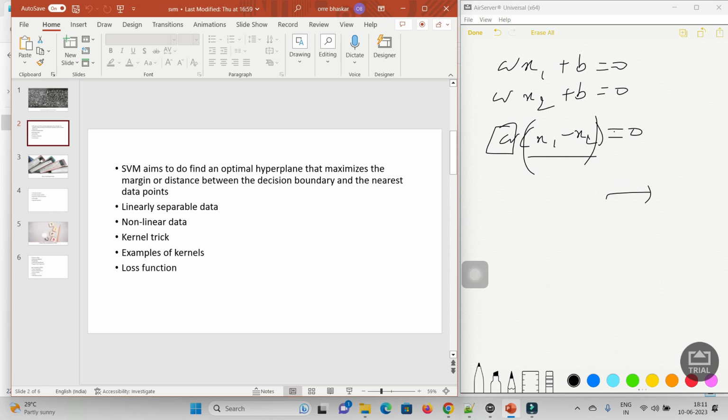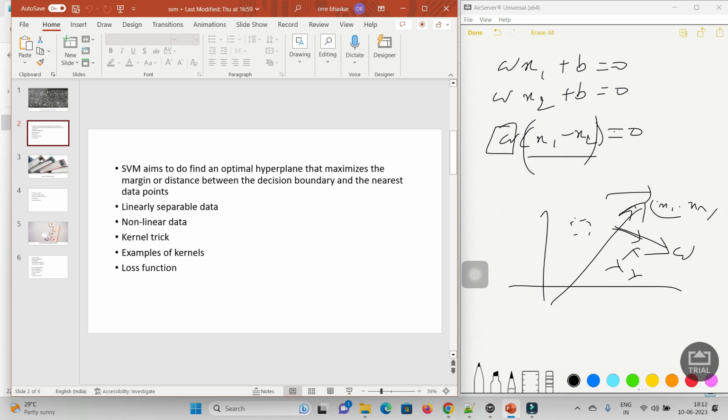So that means W and x1 minus x2 are perpendicular to each other. What is W? W is our weights. x1 minus x2 is nothing but a decision boundary, to simplify it. That means if we have a line, this will be your W and this will be your decision boundary x1 minus x2. That means this line is perpendicular to this line.